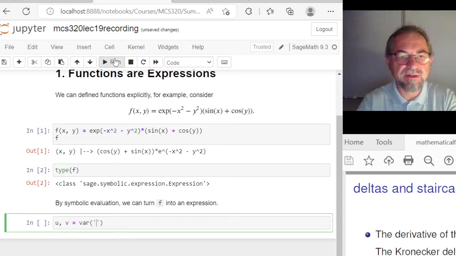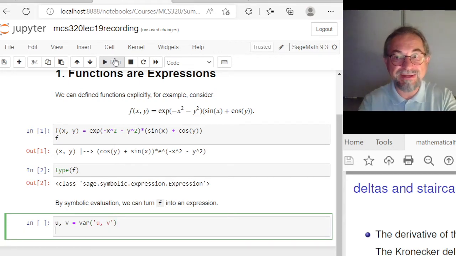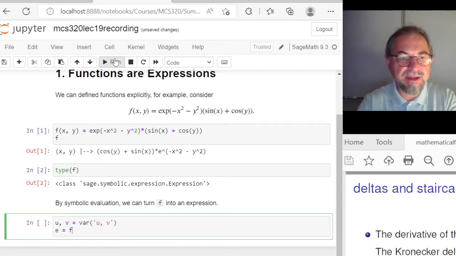So let me declare new letters, u and v, new names of variables, and they will be represented by the letters u and v. The expression that I make is by evaluation. So I will use the keyword arguments.